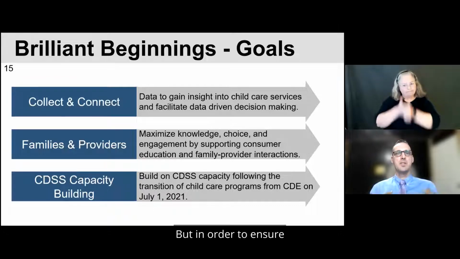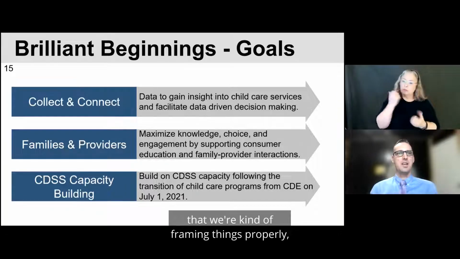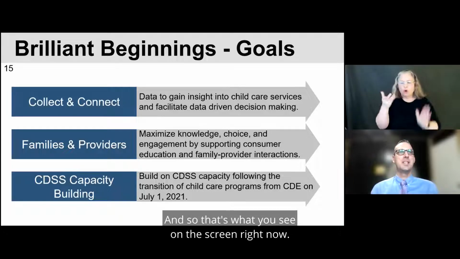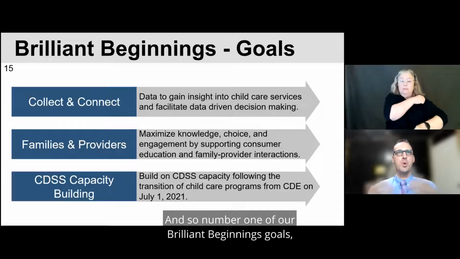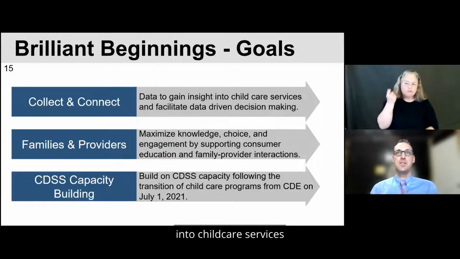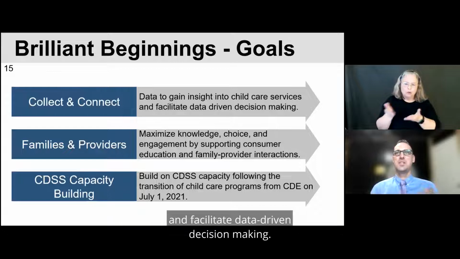But in order to ensure that we're framing things properly, we have 3 broad goals for Brilliant Beginnings. And so that's what you see on the screen right now. Number 1 of our Brilliant Beginnings goals is collect and connect: collect and connect data to gain insight into childcare services and facilitate data-driven decision-making.